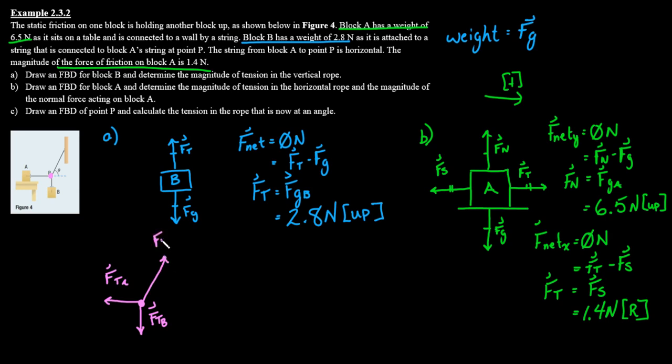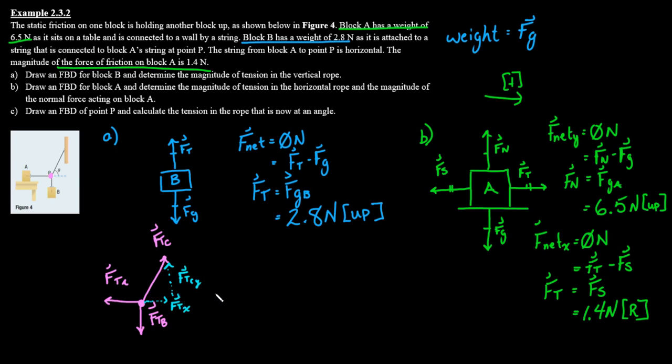So I'm going to call it C. Okay. Now you'll notice that that acts at an angle. So what we're going to have to do here is break up our force into those vector components. Now, you know you're going to have some FTC in the y direction and some FTC in the x direction.